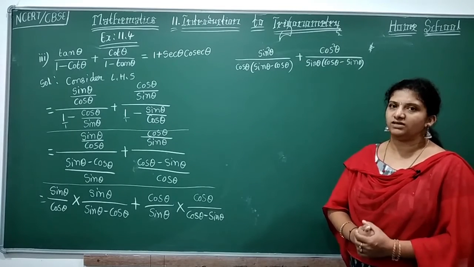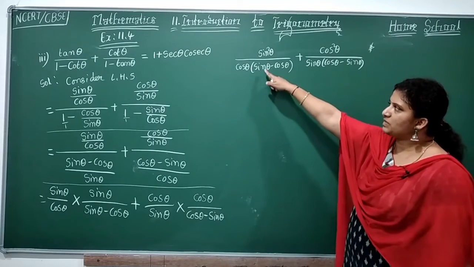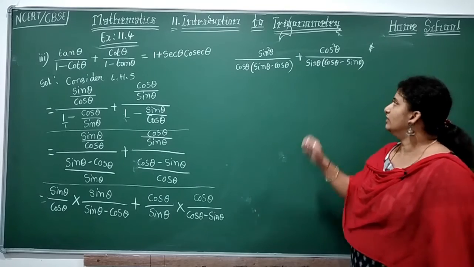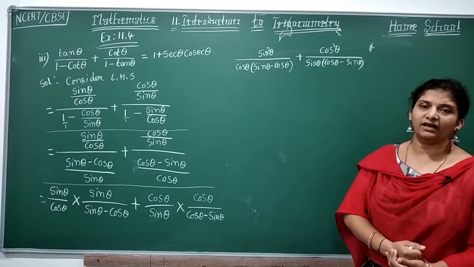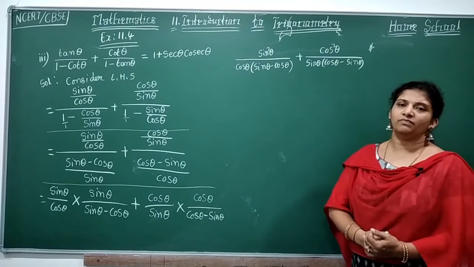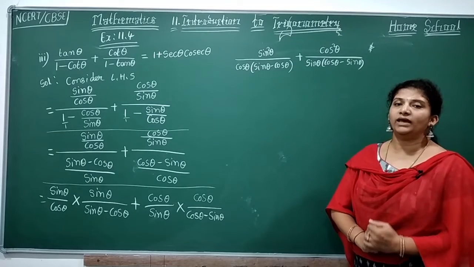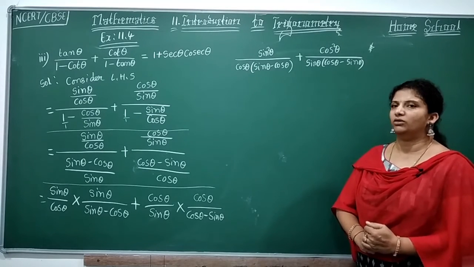What's the reason here? Look here carefully. So, sin theta minus cos theta there in this denominator, whereas here, cos theta minus sin theta there. But both are not same. So, I cannot take LCM now. How can I change my problem now?